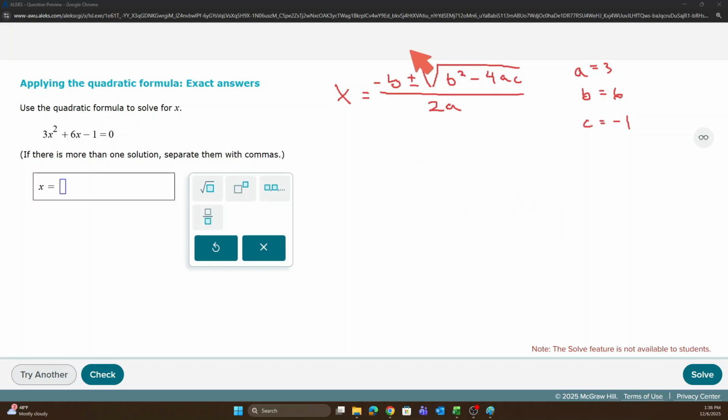Now we're going to input these into our formula. So we have -b, which is -6, plus or minus the square root of 6 squared minus 4 times a times c, all over 2a.